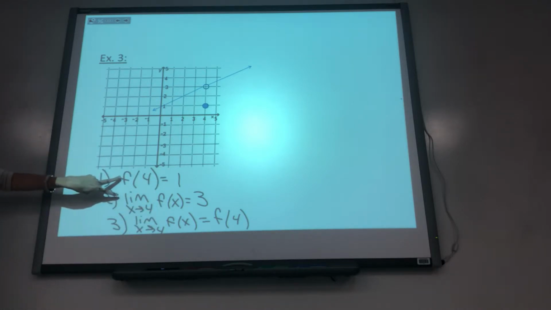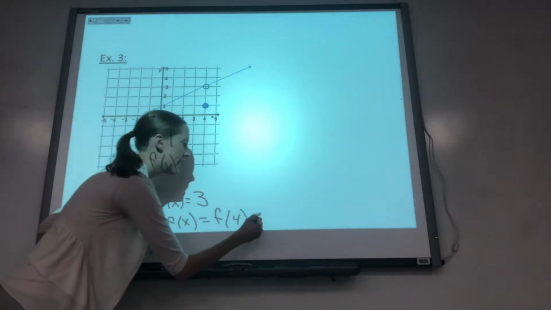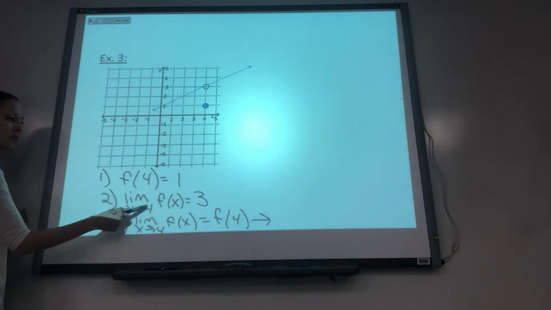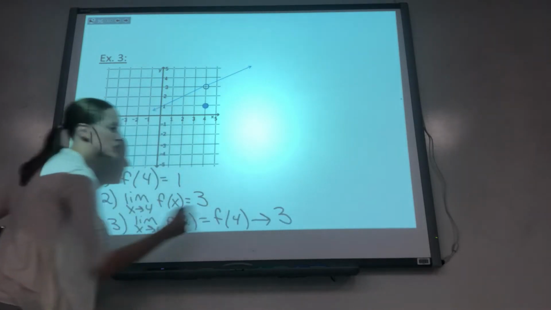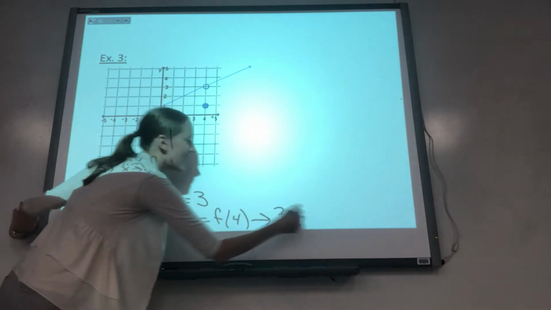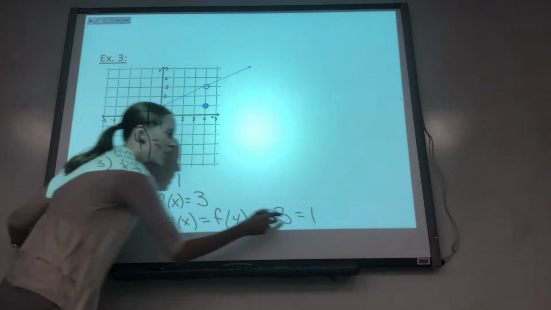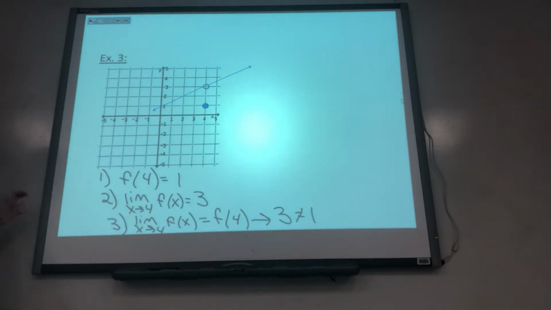And you can actually get those numbers right here. I'm going to draw an arrow because I ran out of room. The limit as x approaches 4 was 3, and f of 4 was 1. 3 obviously does not equal 1. Our limit as x approaches 4 does not equal f of 4. That is the condition that fails.